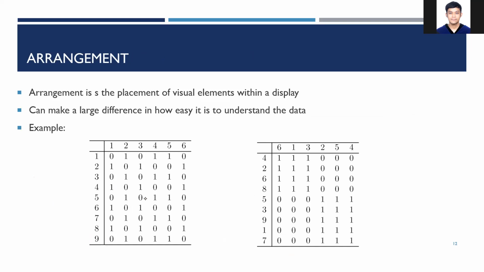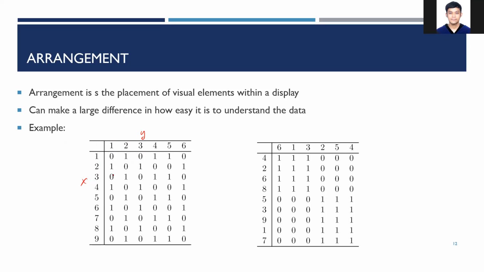For example, on the left, let's say this is the correlation between x and y. 0 means there is no correlation, and 1 means that there is correlation between the elements x and y. For example, 1 and 1 is no correlation. 1 and 2 have correlation because it is 1.